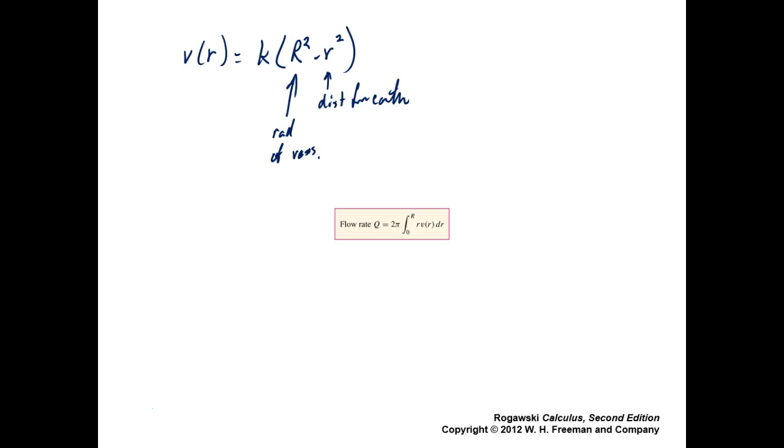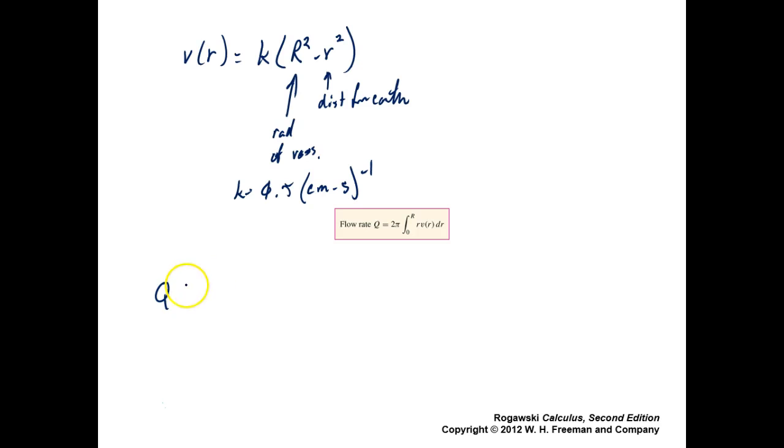Calculate the flow rate Q, that's what we're looking for here, as a function of R, assuming that K is, and this is a fair assumption, 0.5, and the units are rather strange, centimeters to the minus 1 seconds to the minus 1. In other words, per centimeter per second is really what you're talking about there. Strange.